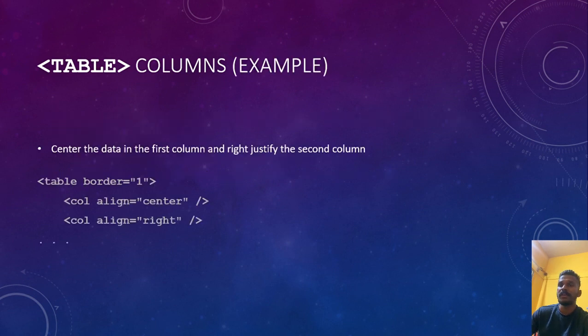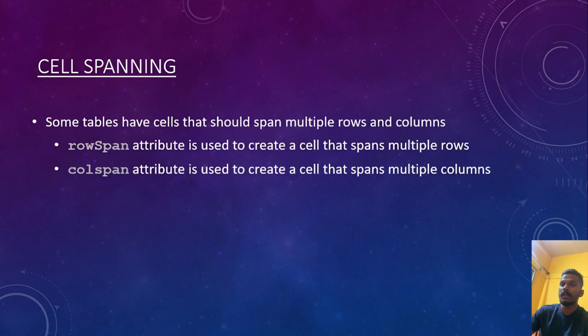Next, cell spanning. Some tables have cells that should span multiple rows and columns. The rowspan attribute is used to create a cell that spans multiple rows, and the colspan attribute is used to create a cell that spans multiple columns. If we use rowspan equal to 2, it takes up 2 rows as a single cell, and if we give colspan equal to 2, it takes 2 columns as a single cell.